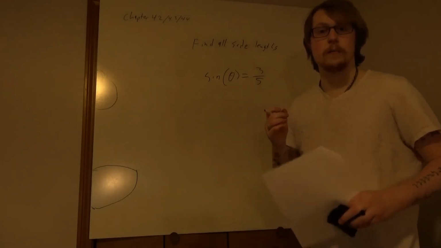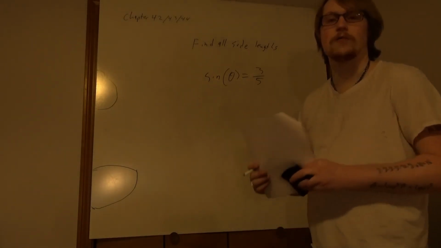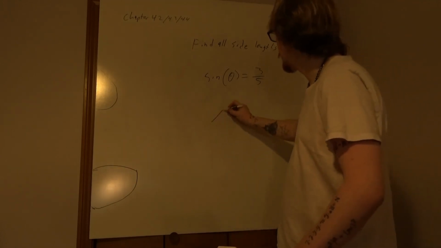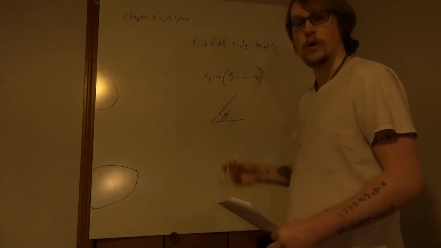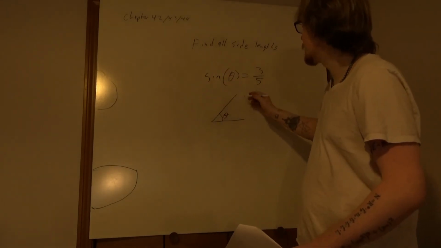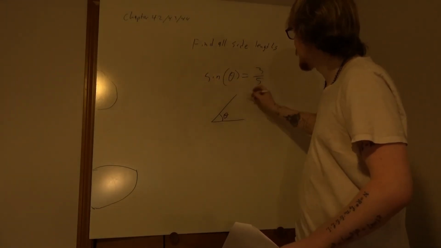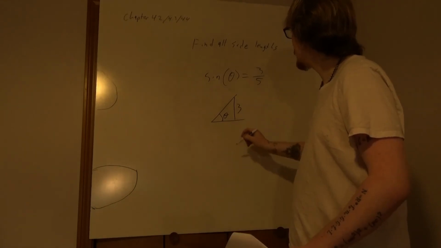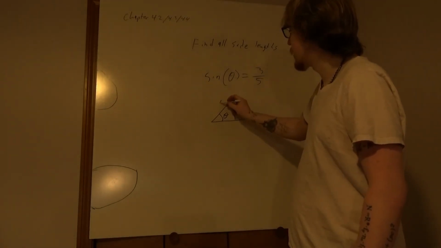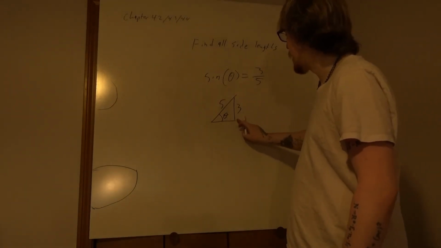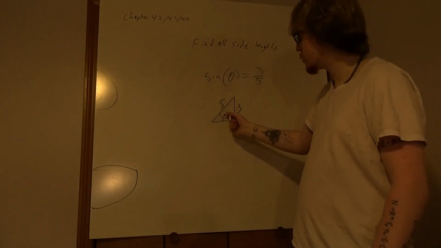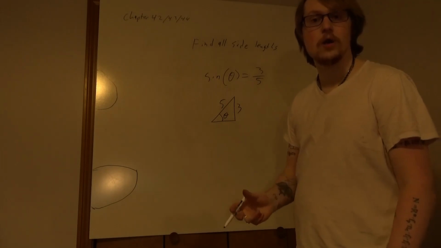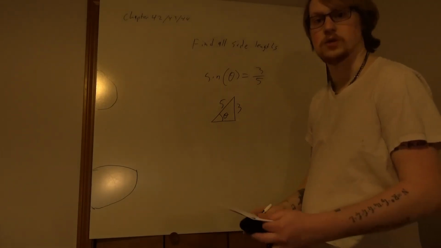Again, if we remember the definition of sine, it's opposite over hypotenuse. So if we draw our angle theta here, this is telling us the opposite side to this angle has length 3 and the hypotenuse has length 5. Again, this is how you take an equation using trig functions and translate it into a triangle, where we can then use geometric means to solve this.